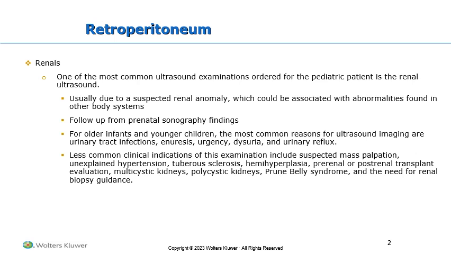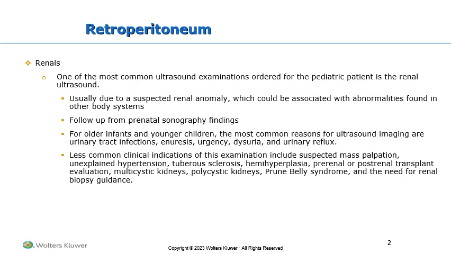Pre-renal, post-renal transplant, obviously we're going to be looking at what they have and what they're going to get, looking for vascularity in those new transplant patients, things like that. Patients with suspected or known multicystic kidneys, we can monitor those to see how they are changing over time, as well as with our polycystic kidney patients.